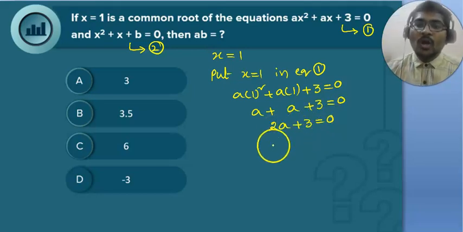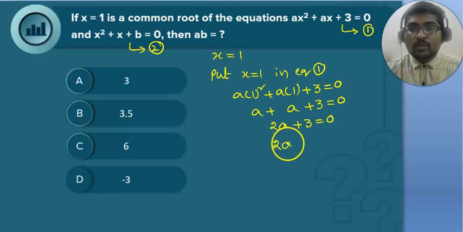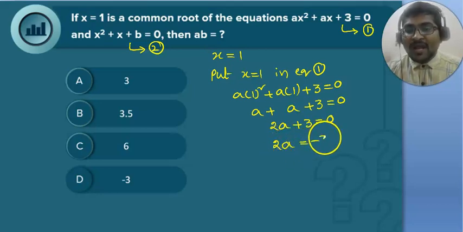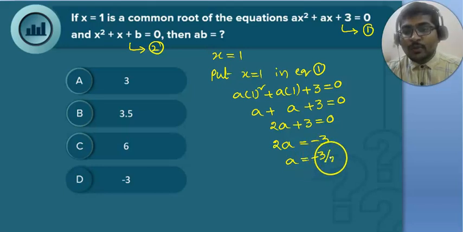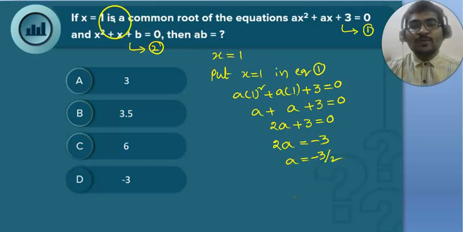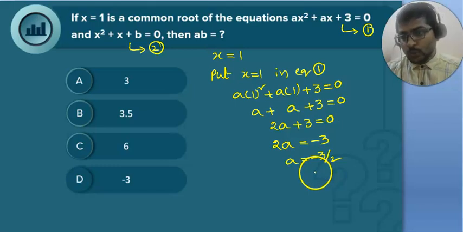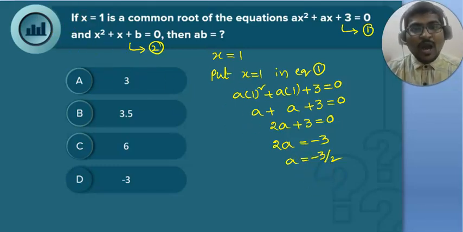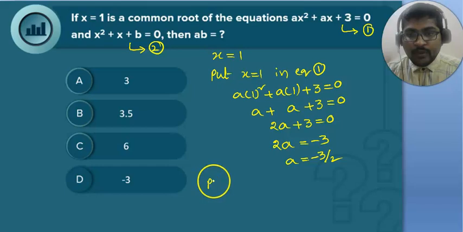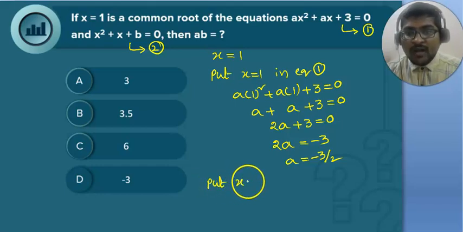Yes or no? Very good. So 2a is equal to -3, so a is equal to -3 by 2. By substituting x equal to 1 in equation 1, we get a equal to -3 by 2. And also, students, put x equal to 1 in equation 2.